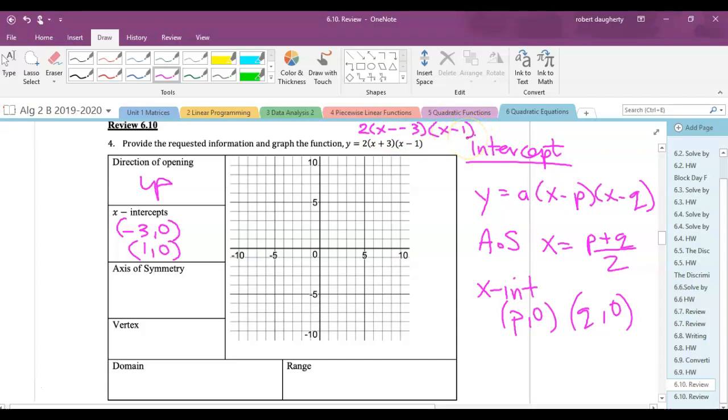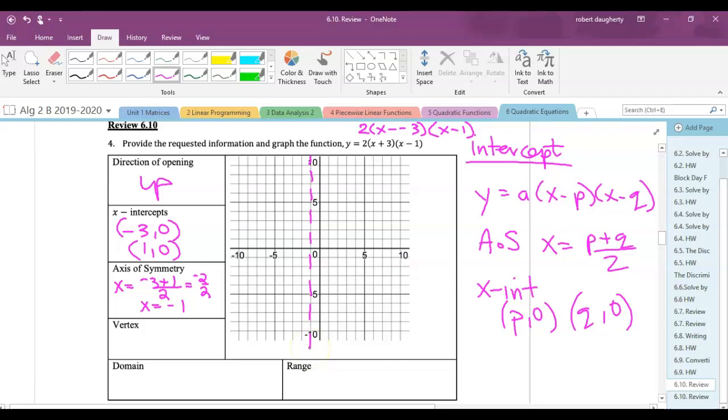Those intercepts are -3 and +1. The axis of symmetry is x equal -3 plus 1 over 2, which is -2 over 2, so x equal -1. At -1, that's my axis of symmetry.